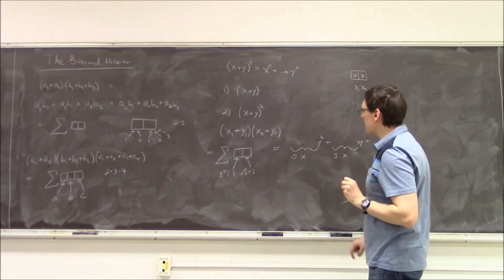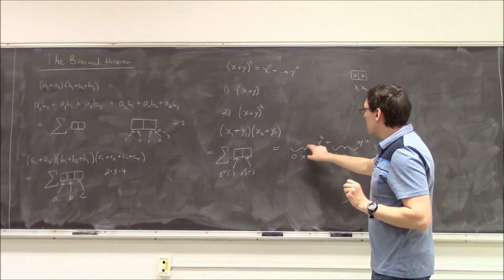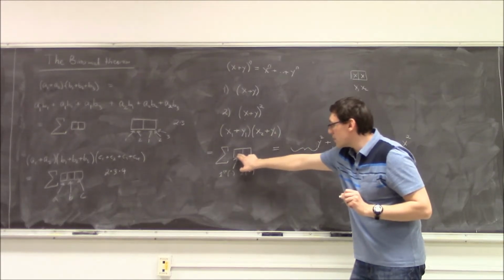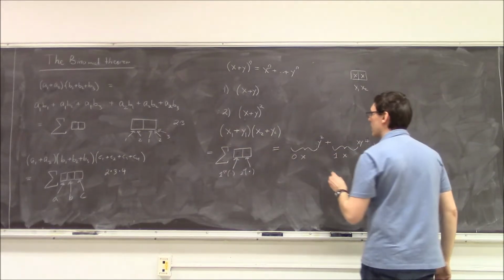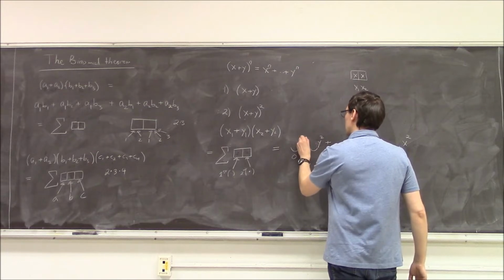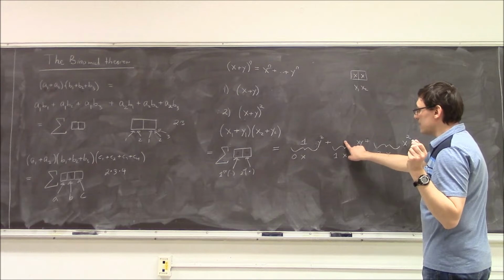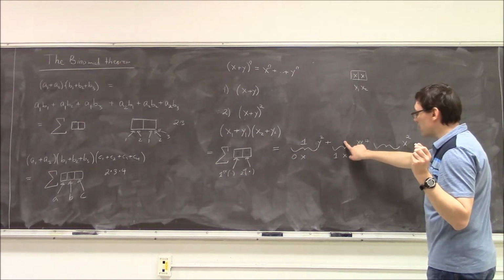So how many ways can I get only y and y? Clearly I have to fill the first box by a y, and the second also by a y. So there is only one way to do that. How many ways are there to fill in this box?